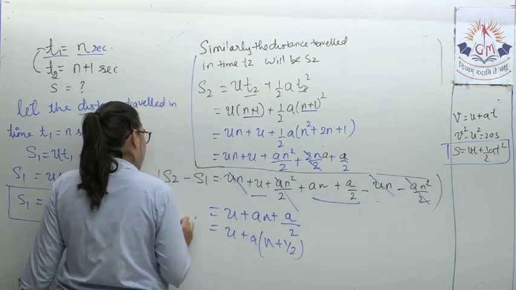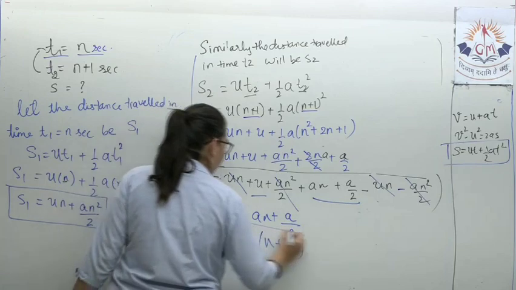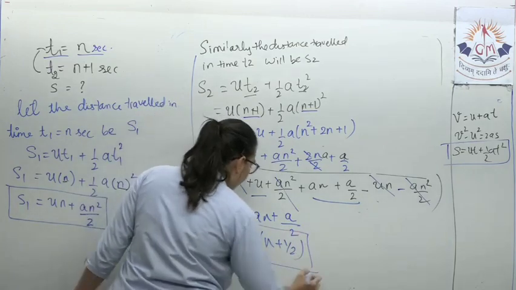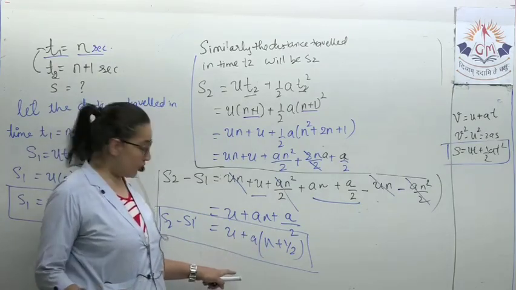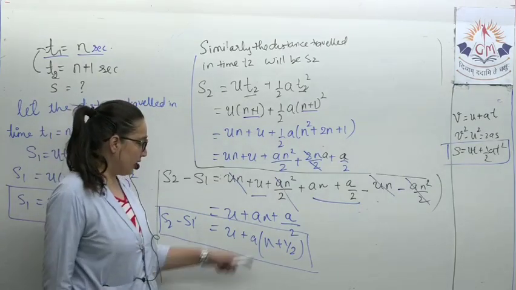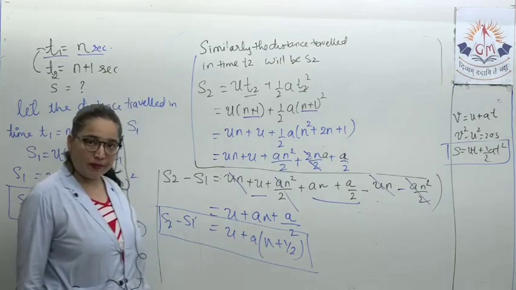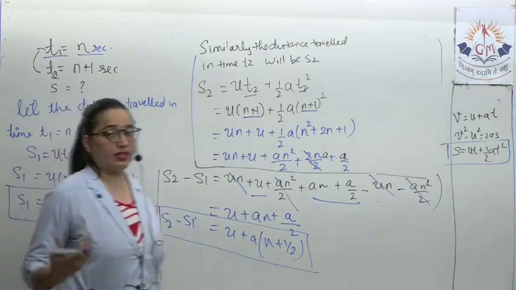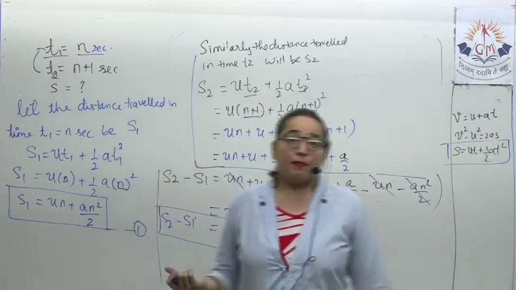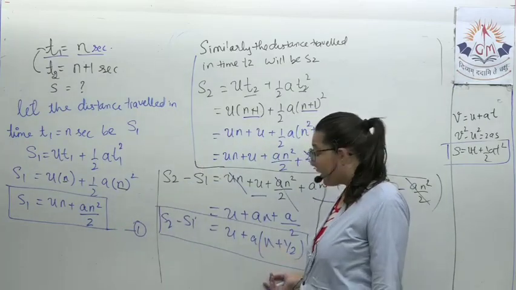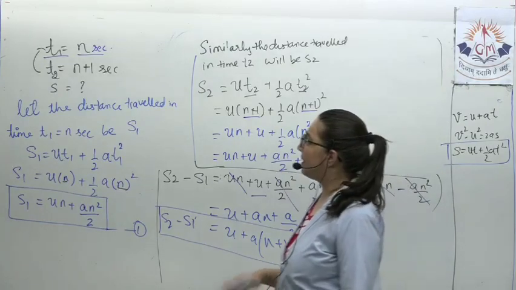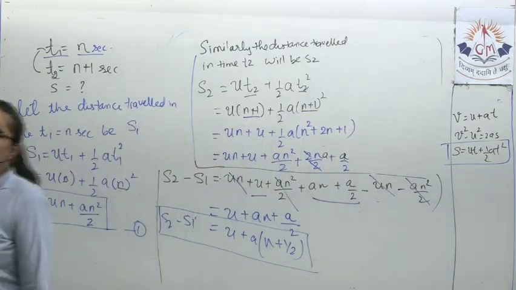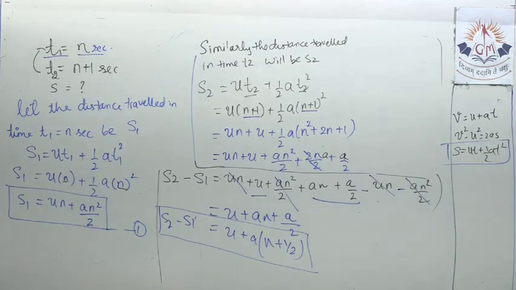This is how from the two distances you can easily calculate by using just the time, the second in which it started its motion, acceleration, initial velocity is given. You can directly calculate what is the distance that is traveled in that particular 1 second. Okay, directly we can use the formula. First copy this, then I'll tell you how in one question you can directly apply this formula of the change.